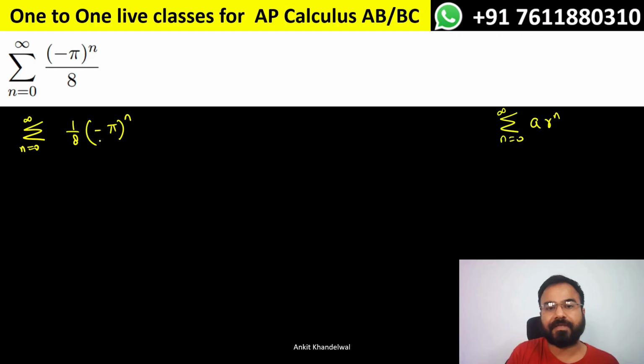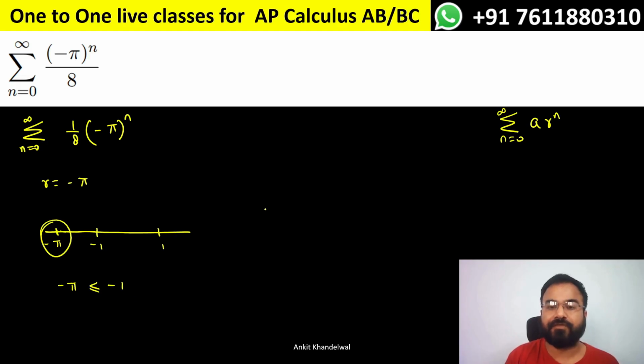You can clearly see that r is minus pi, and minus pi is less than or equal to minus 1, because on the number line minus 1 is here, plus 1 is here, and minus pi is minus 3.14, so it will lie somewhere over here. So since minus pi is less than or equal to minus 1, we simply say the series diverges. Simple.